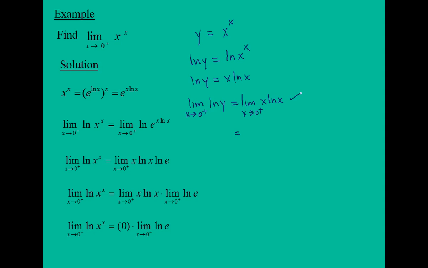If we looked at the limit of the right side, if we use direct substitution, we get 0 times negative infinity. So we're going to rewrite this one as ln of x all divided by 1 over x as x approaches 0 from the right. And now if we use direct substitution, we'd get negative infinity over infinity. So now we can apply L'Hopital's rule.